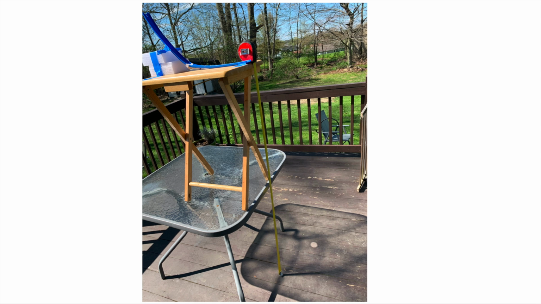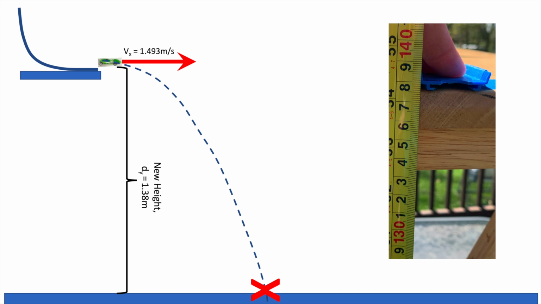All right, so this is the setup. I'm taking the same table, the same ramp, and putting it on top of another table here. So I measured the height of that table, and it came out to be 1.38 meters. As you can see here, I ended up cutting off the inches because who wants to use inches? So the bottom of the ramp here is 138 centimeters, which is 1.38 meters.